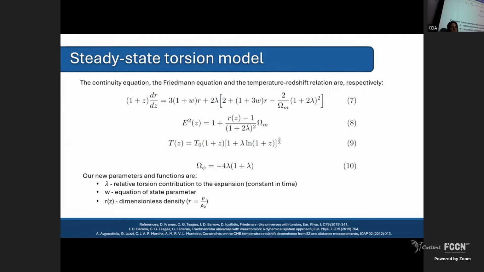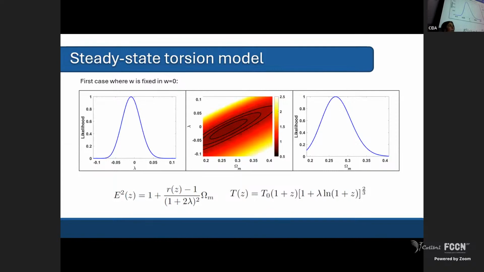So if we use these equations with the data that we have, we'll get this first. In case of W equals 0, so it's an easier case to see first, we can see now that lambda wants to be close to 0, and omega m is around 0.3, somewhat like that, which is somewhat what it's supposed to give.